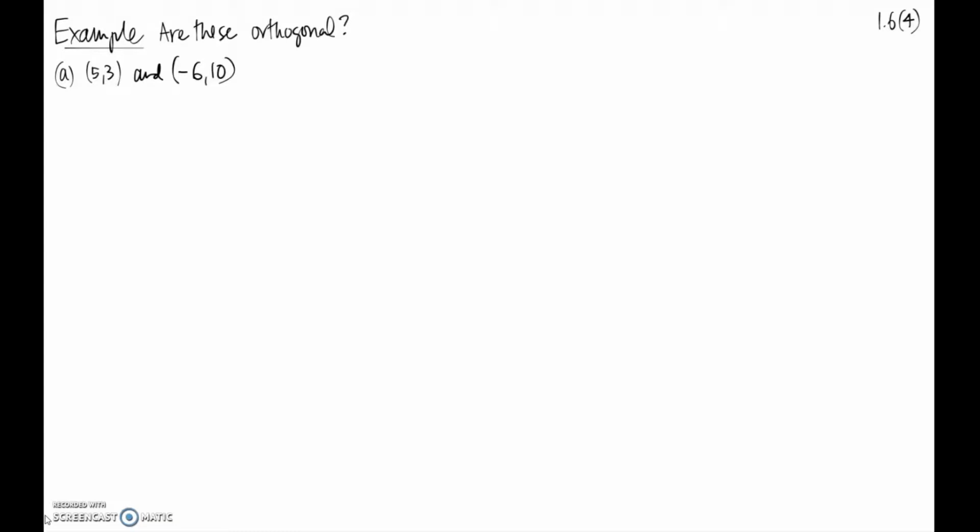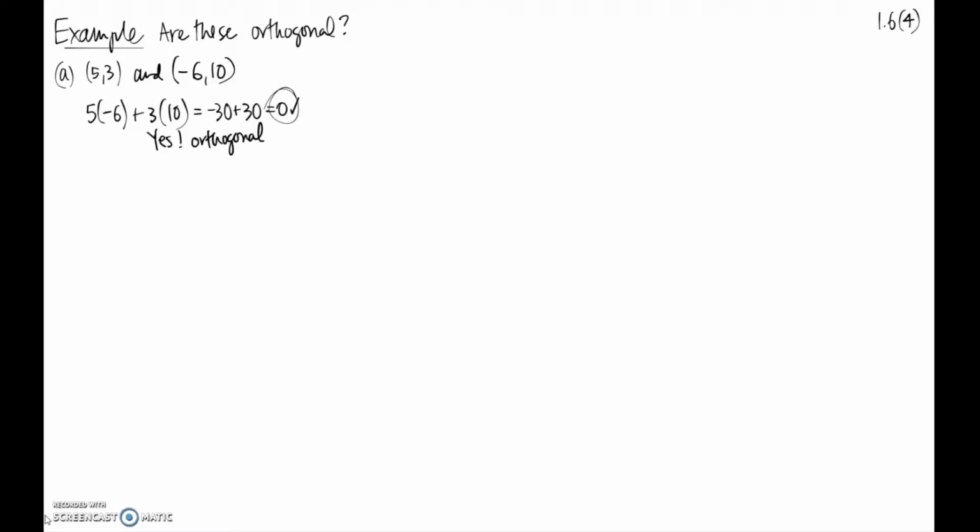We can find out really quickly by looking at the dot product of these two vectors. So that would be 5 times -6 plus 3 times 10. And it looks pretty suspicious. -30 plus 30 equals 0. So yes, these two vectors are orthogonal.